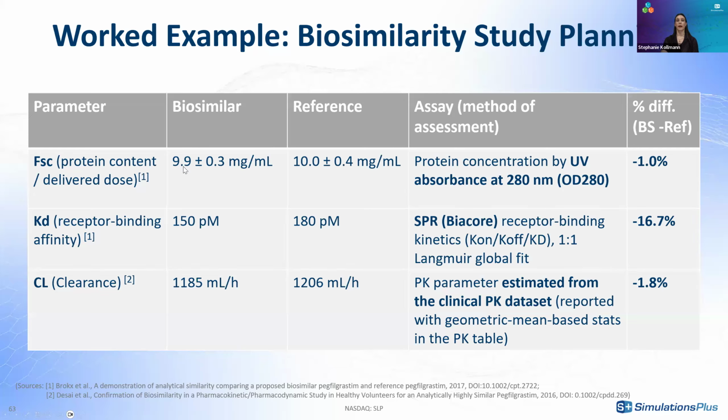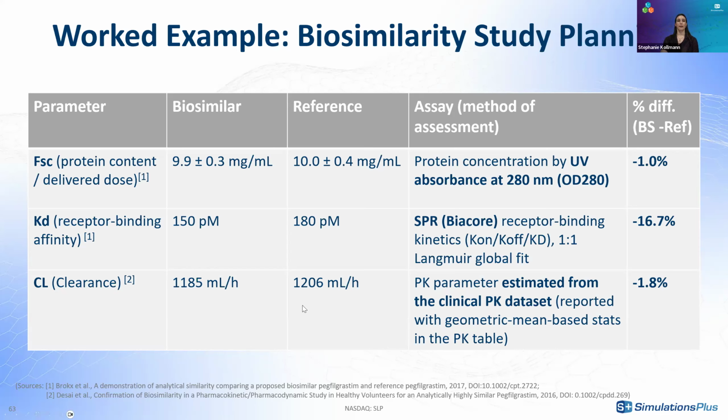They report 9.9 plus minus 0.3 milligram per milliliter for the biosimilar versus 10.0 plus minus 0.4 milligram per milliliter for the reference, which corresponds effectively to a minus 1.0% difference, where I calculate biosimilar minus reference.